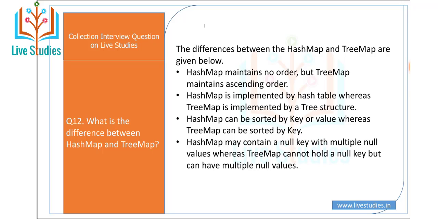HashMap is implemented by Hashtable, whereas TreeMap is implemented by a tree structure. HashMap may contain a null key with multiple null values, whereas TreeMap cannot hold a null key but can have multiple null values.